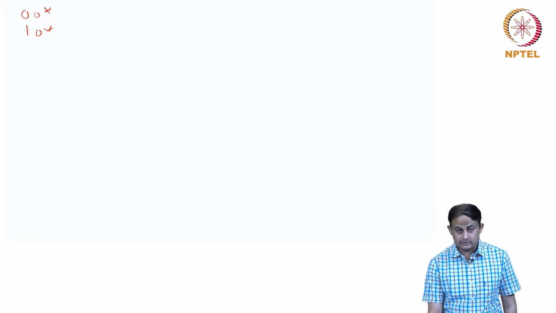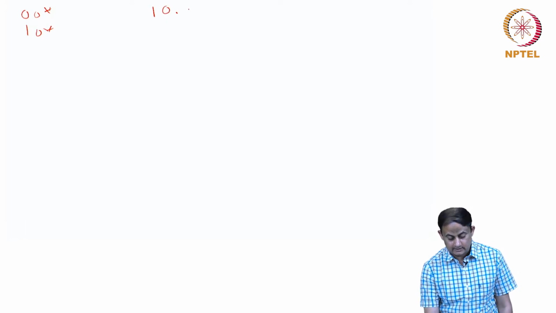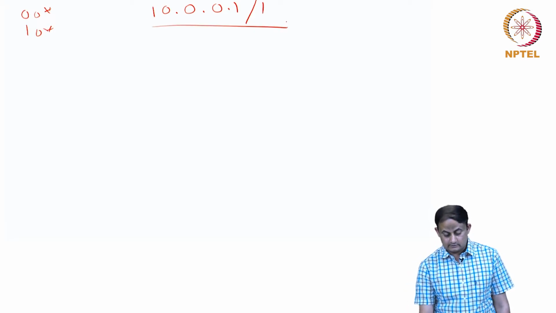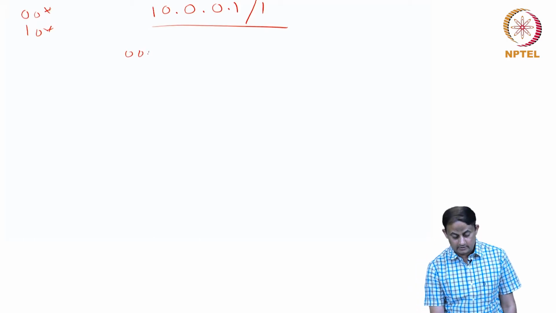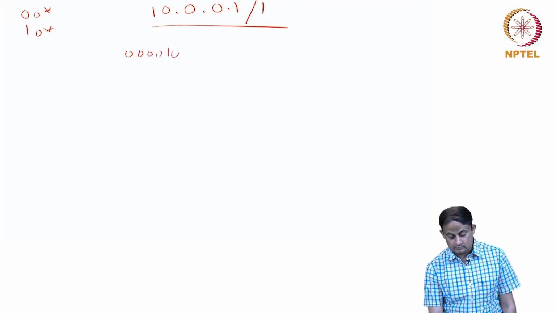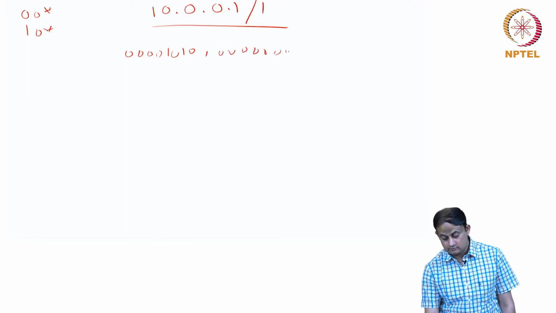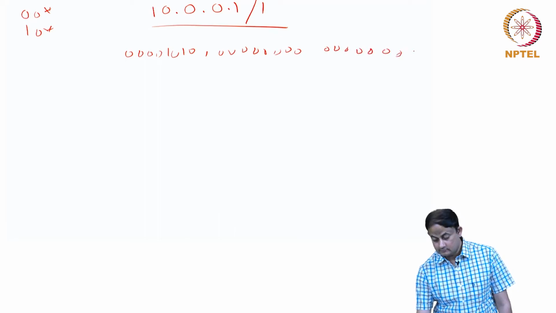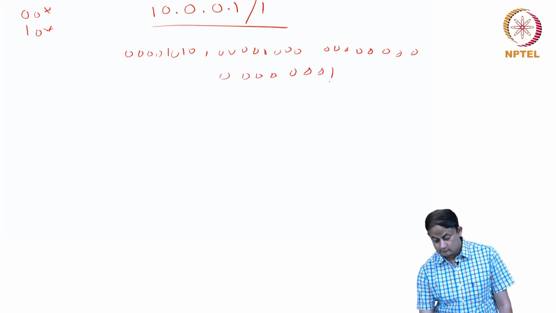So maybe, for example, if you take the CIDR case, the prefixes are in this format. Let's say I have 10.0.0.1/1. What it means is you convert this into binary: 10.0.0.1. So 10, if you convert it to binary, you will have 0 0 0 0 1 0 1 0, and the second will have 8 times zeros, followed by another 8 times zeros, followed by 1.